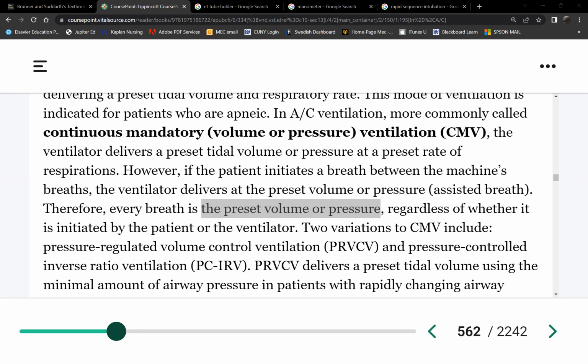Once you get better, can I keep you on this? No, because is this appropriate? Is this comfortable? No, you're going to suffer with this. So we can't put better patients on this. If a patient gets better, breathing more on their own, take them off this and put them on the next mode, which we will discuss next week.